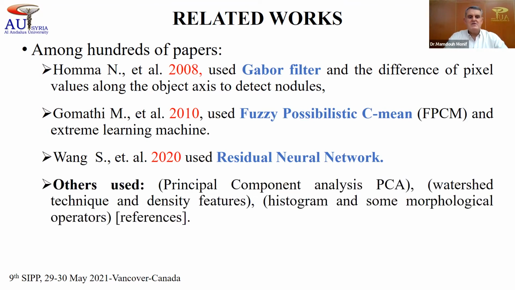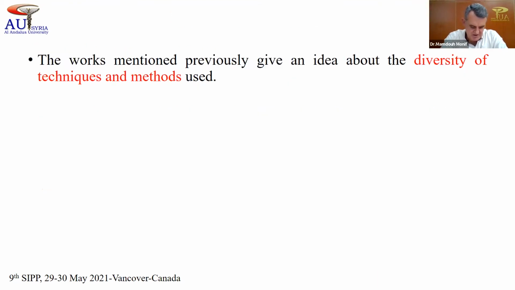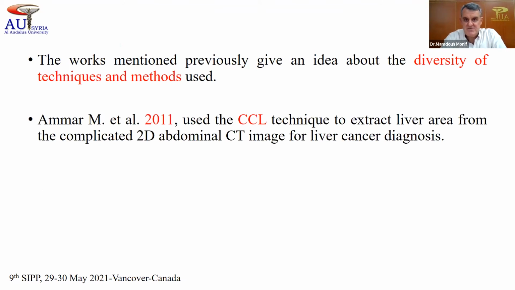And Wong in 2020 used a residual neural network. Others used principal component analysis, watershed technique, density features, histogram, and some morphological operators. All works mentioned give an idea about the diversity of techniques and methods used.